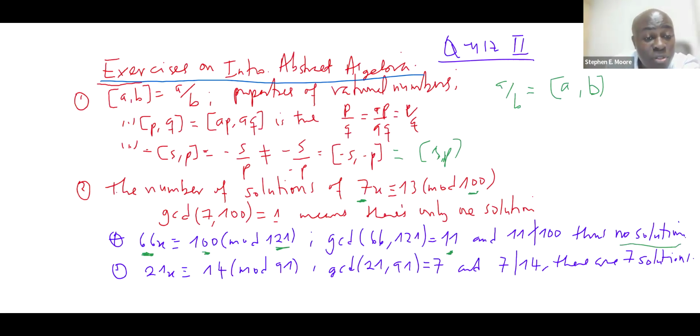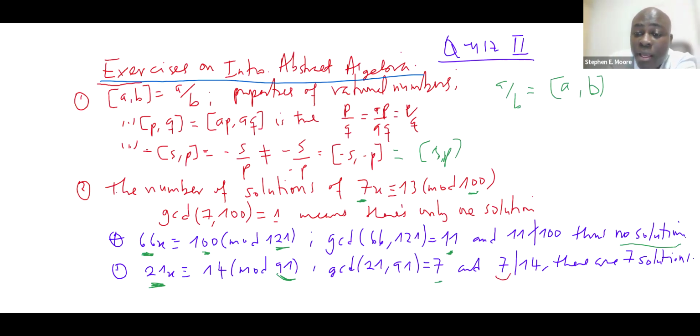Another example is if you have 21x congruent to 14 modulo 91. The GCD of 21 and 91 is 7. Then we say that this GCD 7 divides 14, which comes from here.